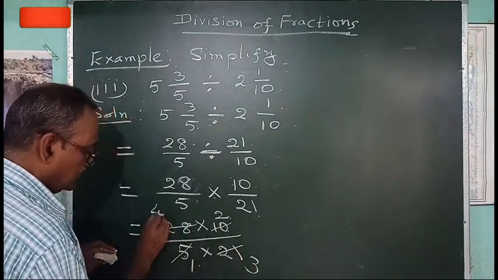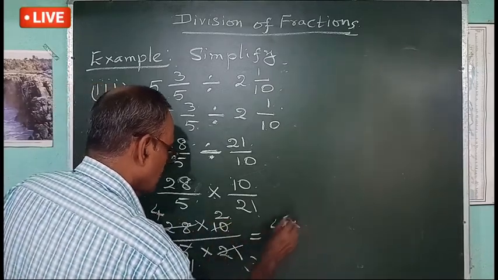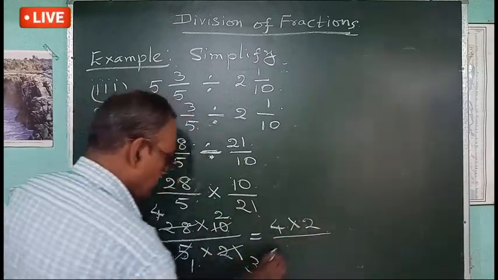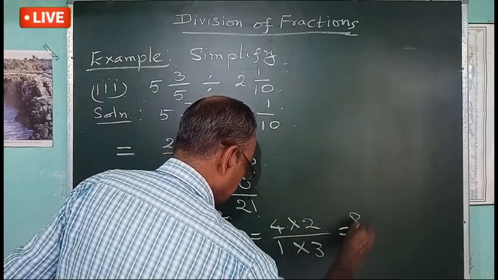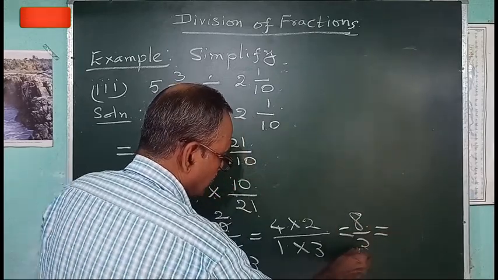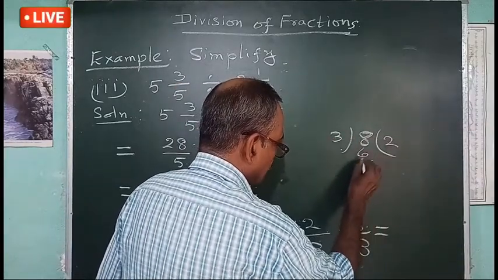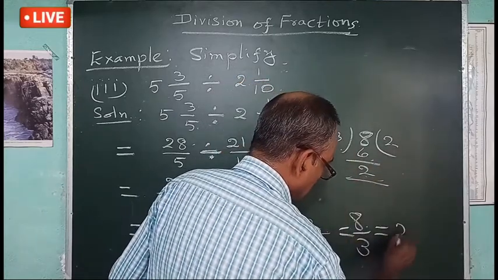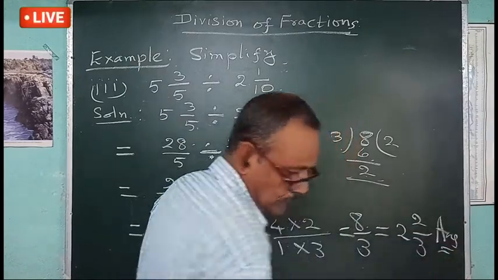Now no more cancelling. So we will multiply the numerators and the denominators. 4 2s are 8 by 3, which is equal to, divide 8 by 3, you get 3 2s are 6, so 2 whole 2 by 3. You write the answer in mixed fraction.